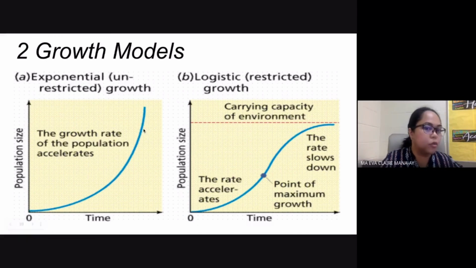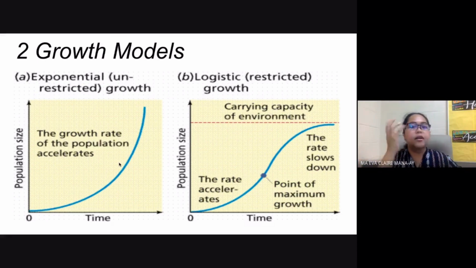It starts very slowly, but eventually it accelerates, it grows very fast. This is exponential growth, unrestricted growth. Sometimes scientists would call this J-shaped growth, because if you look at the graph, it's shaped like the letter J.